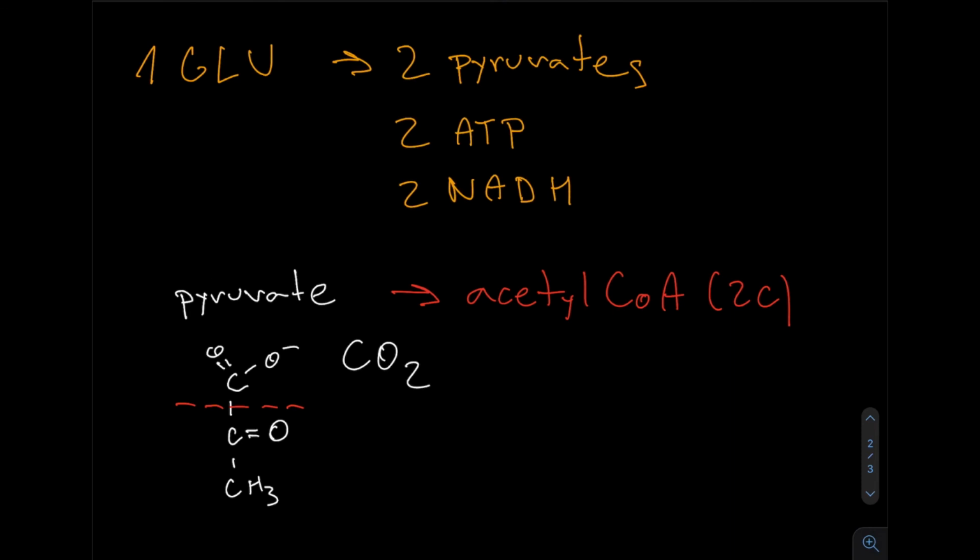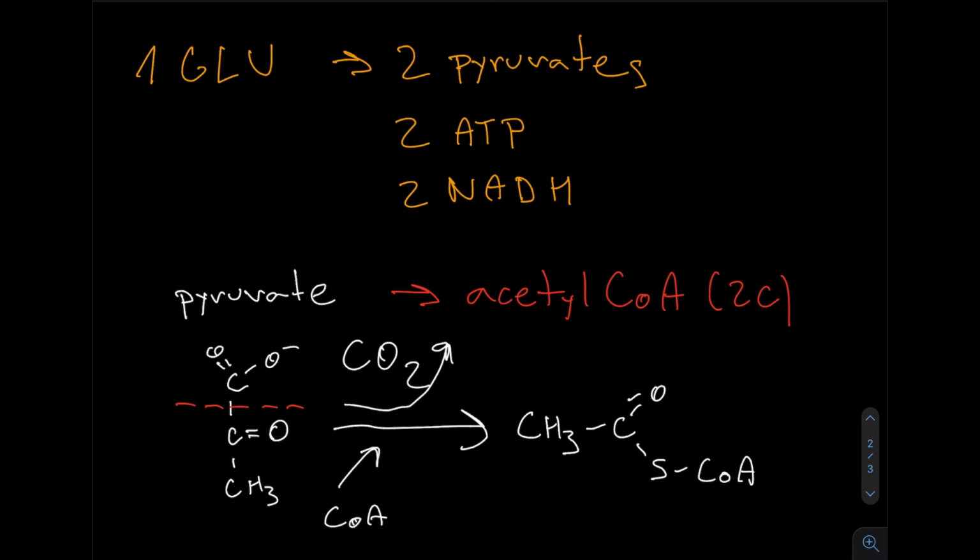So carbon dioxide goes away in this reaction, and into the reaction comes the coenzyme A that is now attached to the leftover from pyruvate. So I'm going to draw the leftover from pyruvate a little bit differently now.